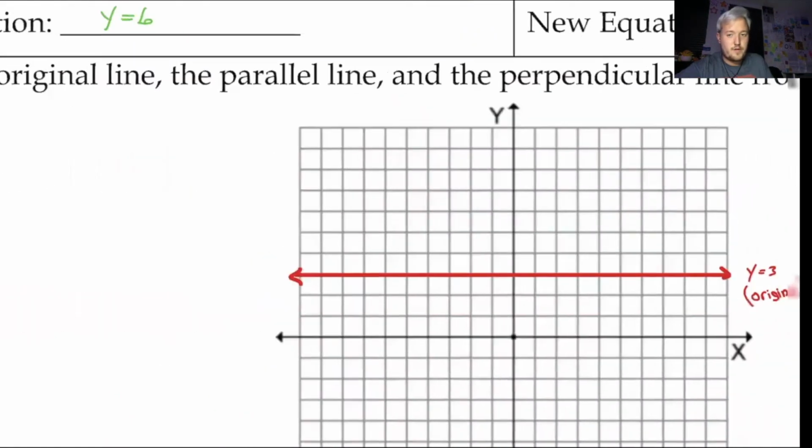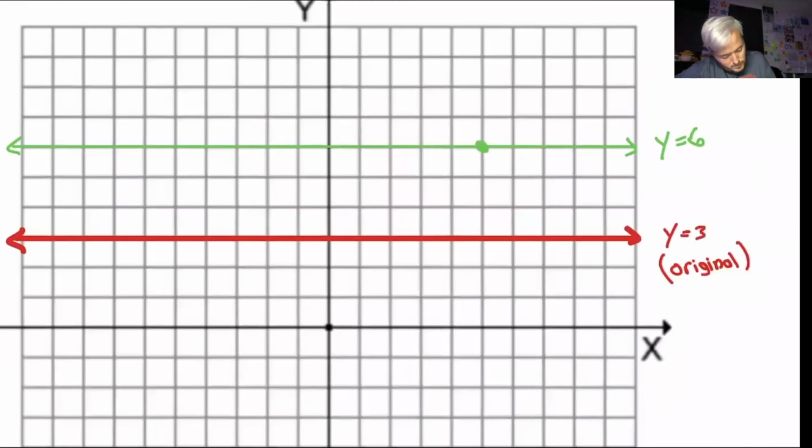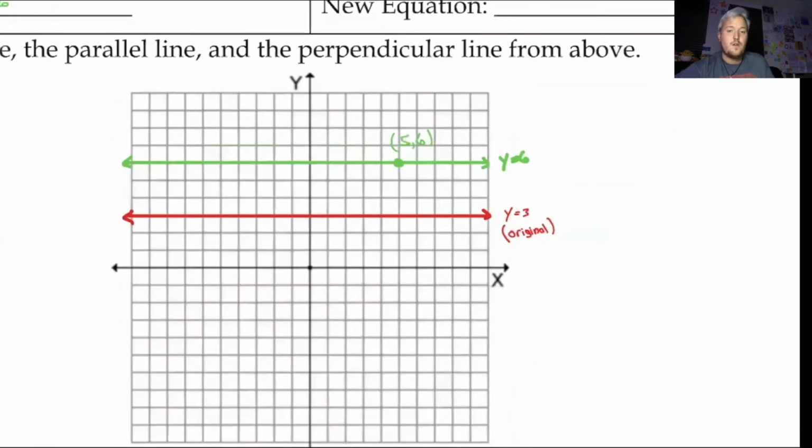So now I'm going to go down here. So here's my parallel line that passes through 5, 6. All right, so I wanted it parallel passing through that specific point. So that's my new equation, my parallel. There we go. All right, so there's parallel.